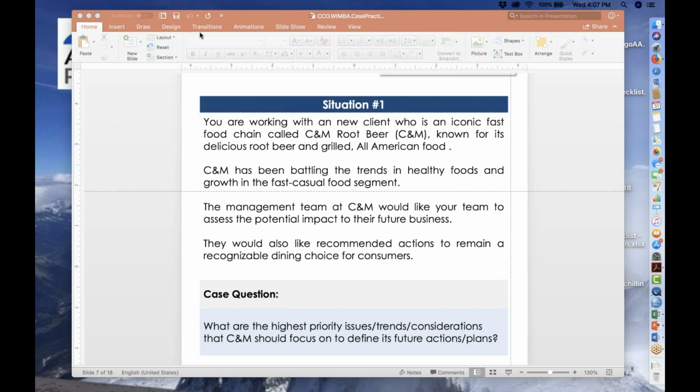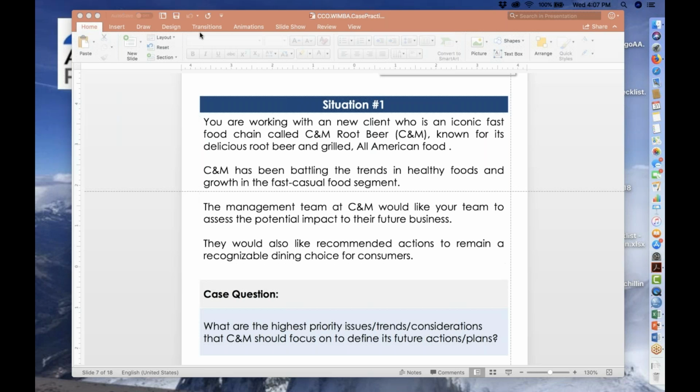Like many fast food restaurants, C&M has been battling the trends related to healthy foods and a huge amount of growth in the fast casual food segment. The management team at C&M would like for your team, you, to assess the potential impact of the healthy food trends and all the growth and specialization going on in the fast casual food segment.